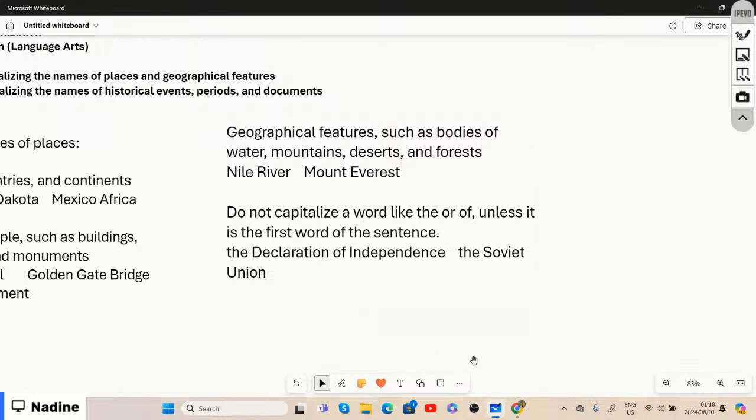All right, so we see that we have our geographical features, and we do not capitalize, let's say, words like "the" or "of" unless it is the start of a sentence.